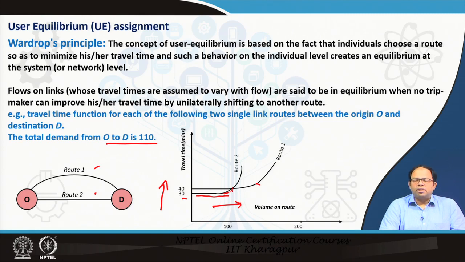And any other route which is not chosen, suppose I add another route like this, which is not chosen at all, the travel time remains higher, suppose it is 65. So, here this route is not chosen at all and it will remain as it is, and that means no volume would be assigned to this particular route.